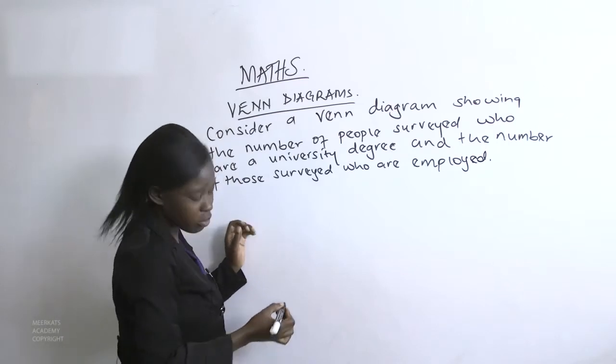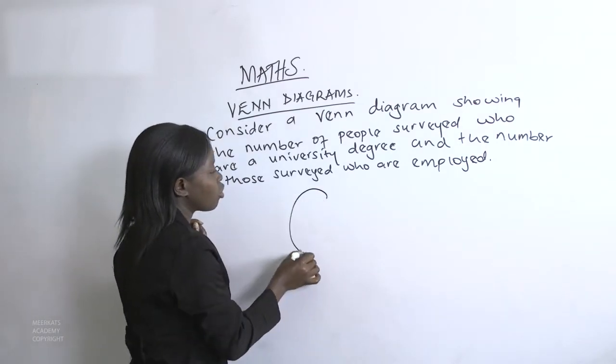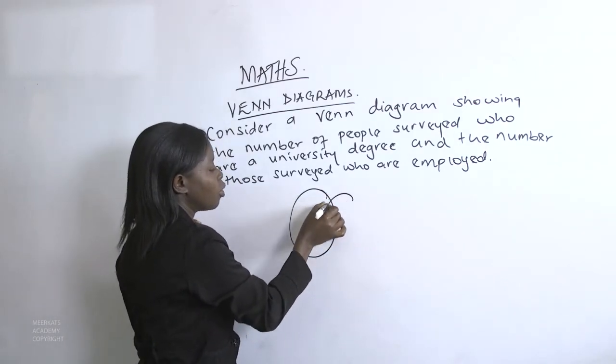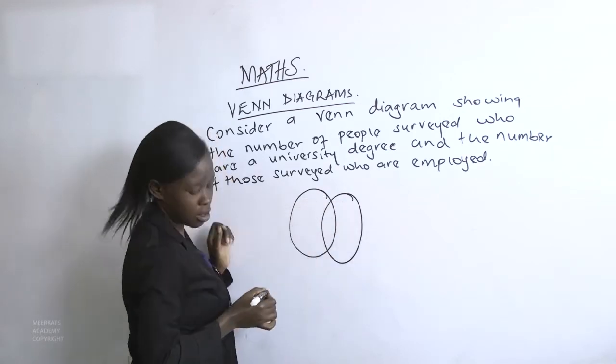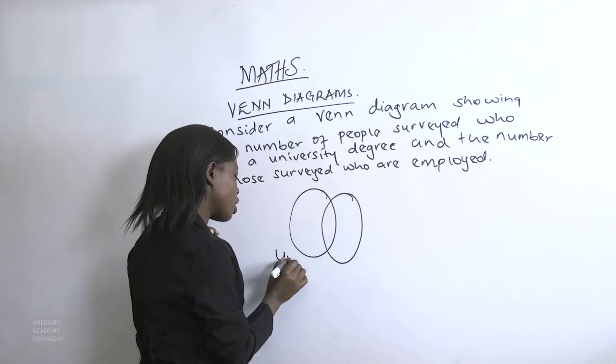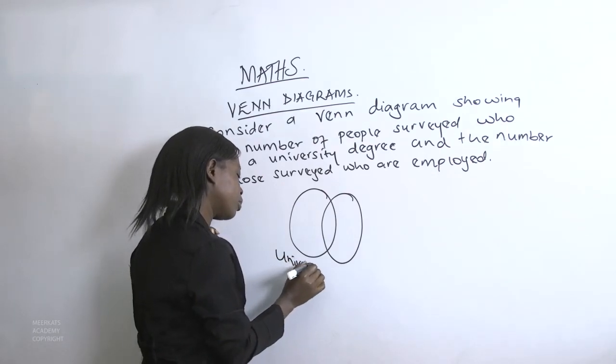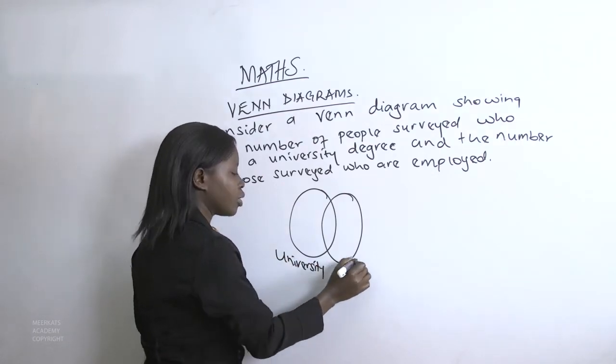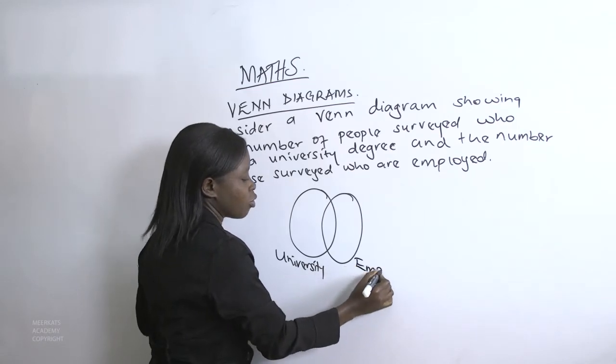So the first question: we have a Venn diagram showing people who have a university degree and those who are employed. I have one circle for university, then the other circle for the employed.